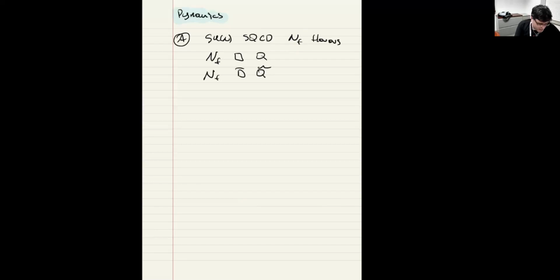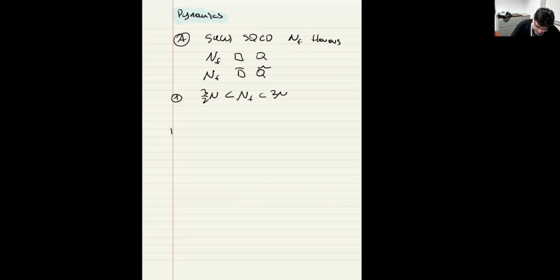Okay, and here comes the statement of Seiberg duality. So these theories satisfy a very interesting property. If you choose this parameter NF to be in the window between 3N and 3/2 N, then the following statement holds.